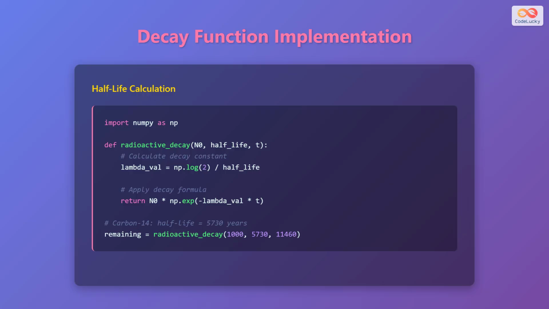Then we apply the decay formula to calculate the remaining quantity at time t, which is n0 times np.exp of negative lambda_val times t. For example, we can use this function to calculate the remaining amount of carbon-14 after 11,460 years, given that its half-life is 5,730 years.